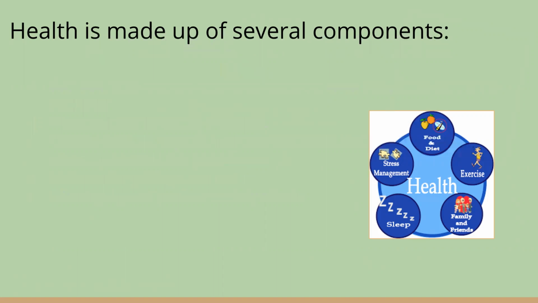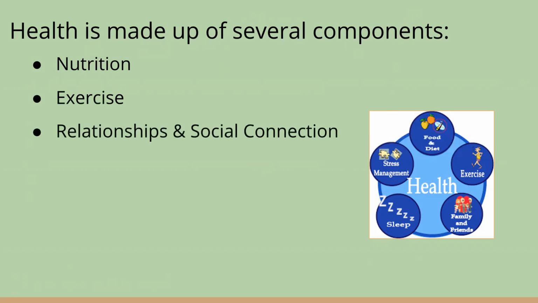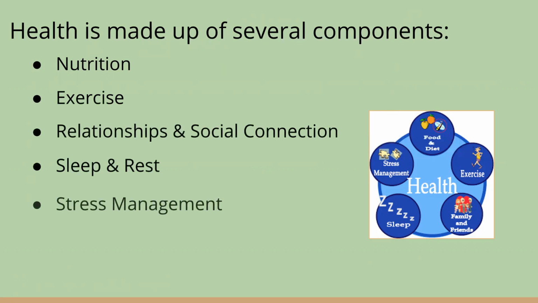So let's begin with looking at all the different components that make up health. One is nutrition and what we put into our bodies, eating and drinking; how we stay active, how we exercise and get our hearts beating; our relationships and connections to others in our communities; making sure we get enough rest and sleep, not just sleep, but also downtime; and then how we manage our stress and what our reactions are to take care of ourselves during really stressful times.